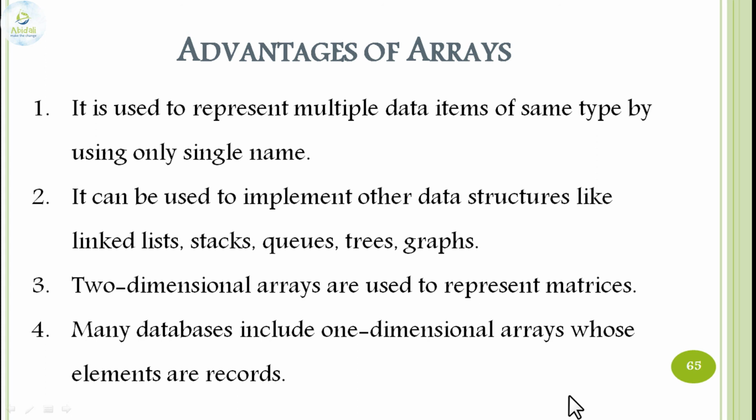So memory is one of the main concerns because it has to get the continuous memory allocation. Now if there is a scenario where the memory is not available continuously and it is present in different segments or different parts or different pieces, then the array is not suitable. So to summarize the disadvantages, as I told you, before declaring the array, you should know how many elements are to be stored in the array.